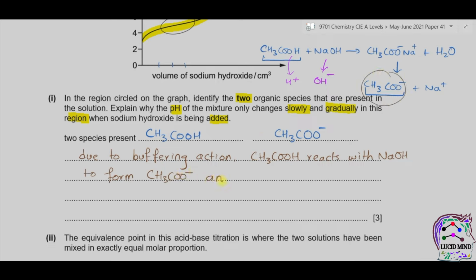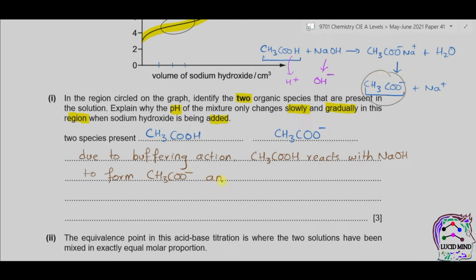Now in this reaction we have CH3COOH. What happens is that CH3COOH gets converted into CH3COO negative and H positive. This H positive will be consumed with sodium hydroxide to form water at the equivalence point, but the ethanoate ion is still present in the solution.